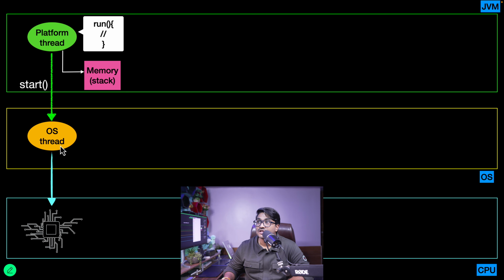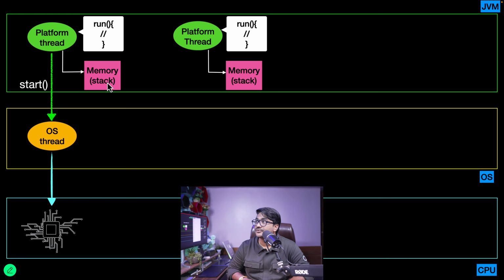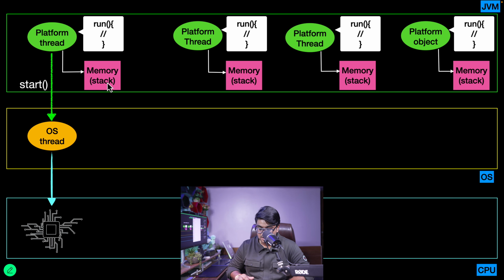Whenever you create any normal thread, that's a platform thread, and it's heavyweight in nature because every platform thread comes with memory. When you create more and more platform threads to execute your run method or the code you have here, each thread has memory assigned.